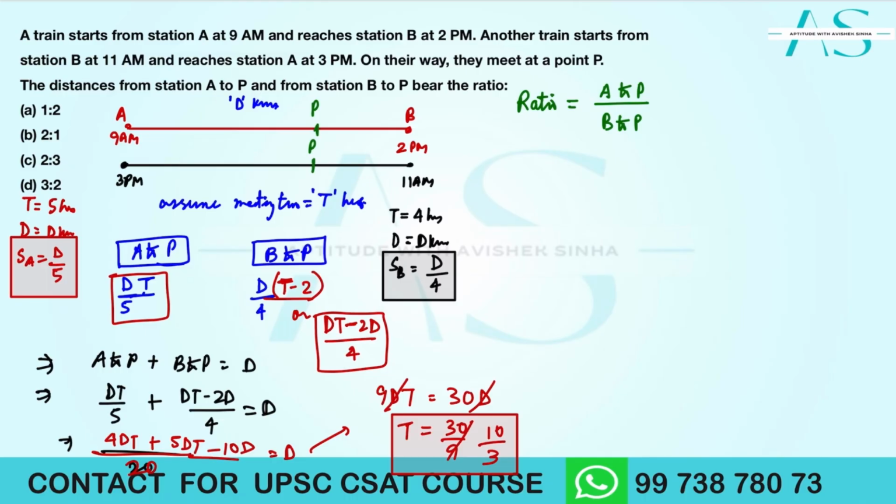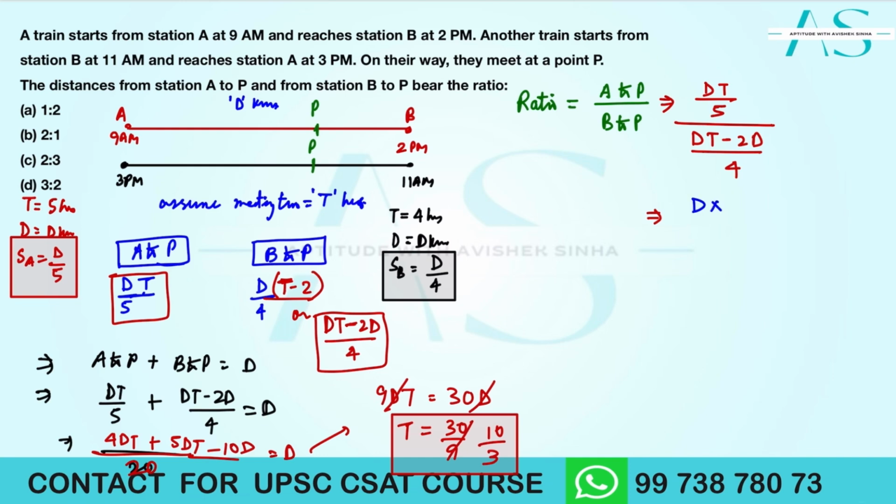Now I'll use the same expression here. What is A to P? A to P is dt by 5. And what is B to P? B to P is d(t minus 2) by 4. So we will try to put the value of t as 10 by 3.